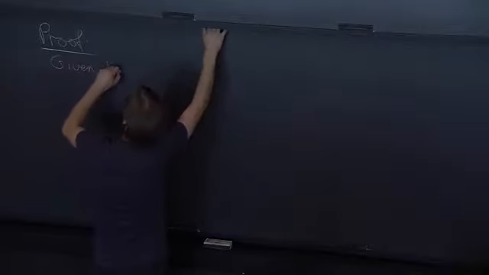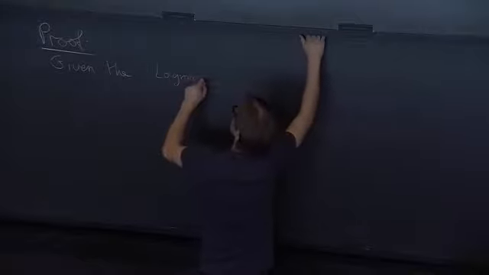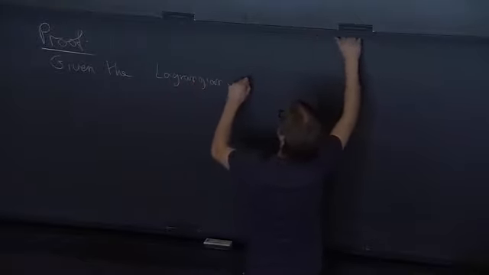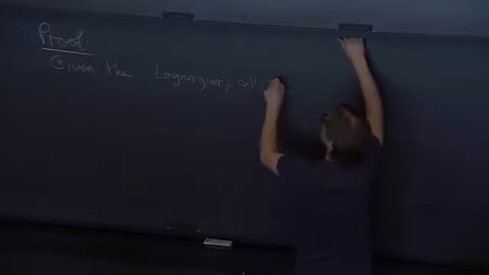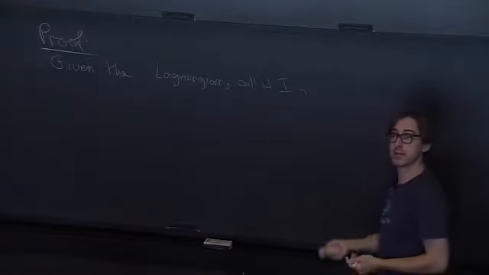So here's the proof. Given the Lagrangian, which we call I, and view it as the interaction term, we're assuming that the kinetic term is fixed to be the usual kinetic term for a scalar field theory.